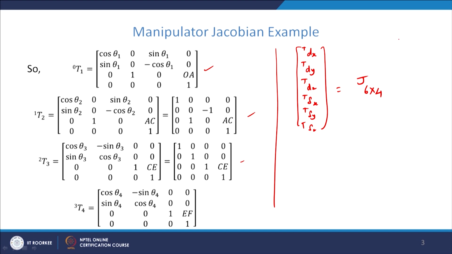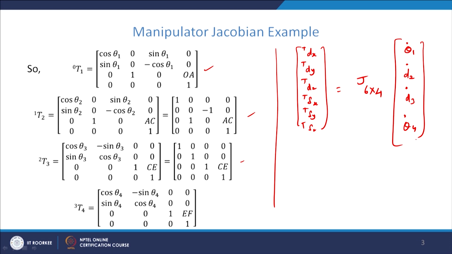So, a 6 cross 4 matrix multiplied by the joint velocities, that is theta 1 dot, the first joint variable, d2 dot, d3 dot, theta 4 dot. So, the general form is q1 dot, q2 dot up to qn dot.